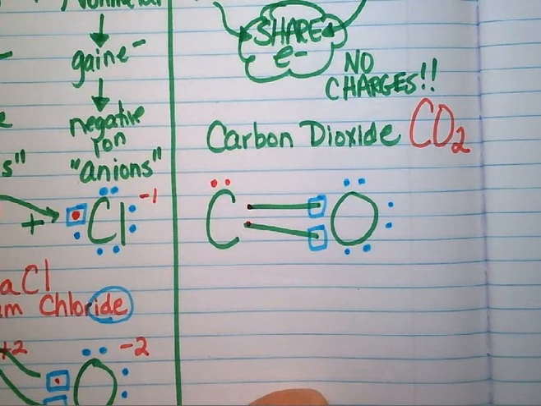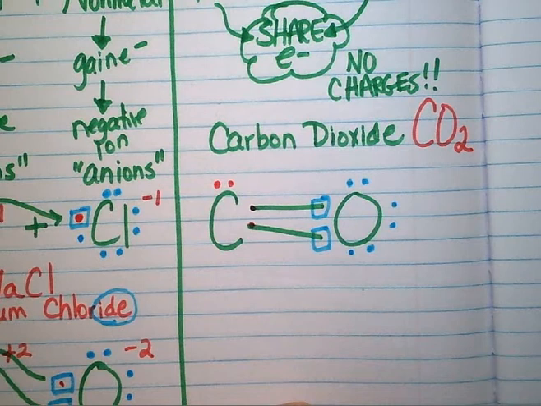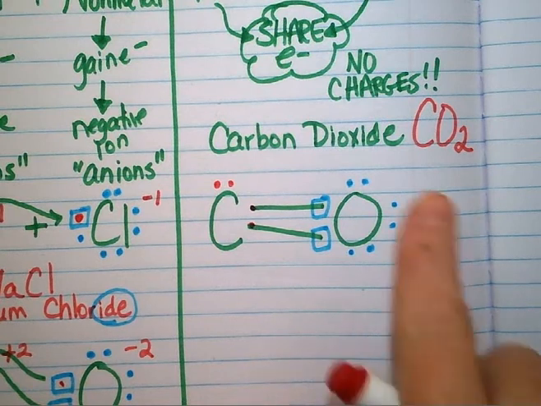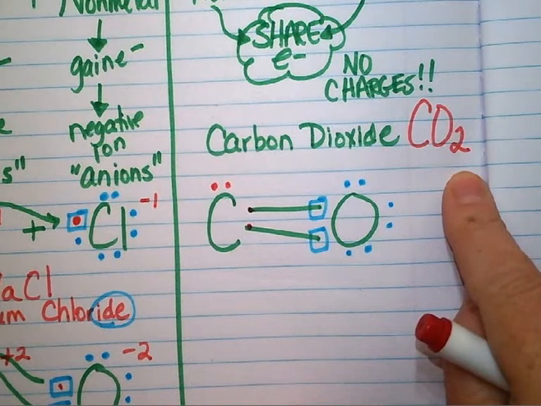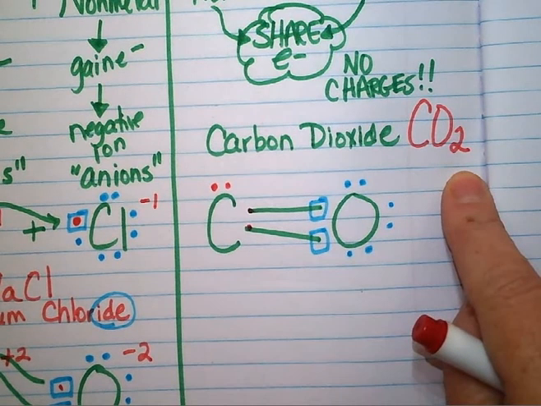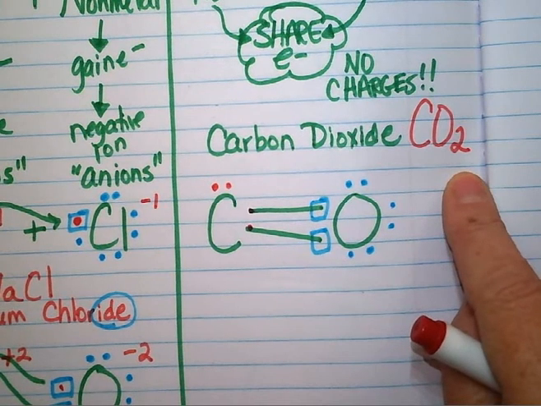I can't just leave it. Those two have to go somewhere. CO2. What does this little 2 mean? It's kind of like an exponent. It's a subscript, but there's an extra something I need.